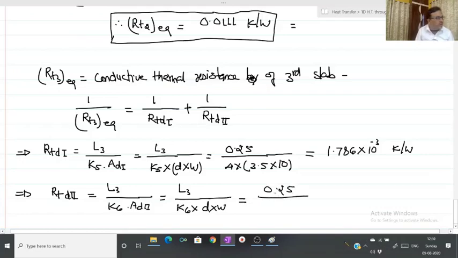The value of K6 is 2. D is 3.5. Width is 10. The value of RTD2 comes out 3.57 into 10 to power minus 3 Kelvin per watt.